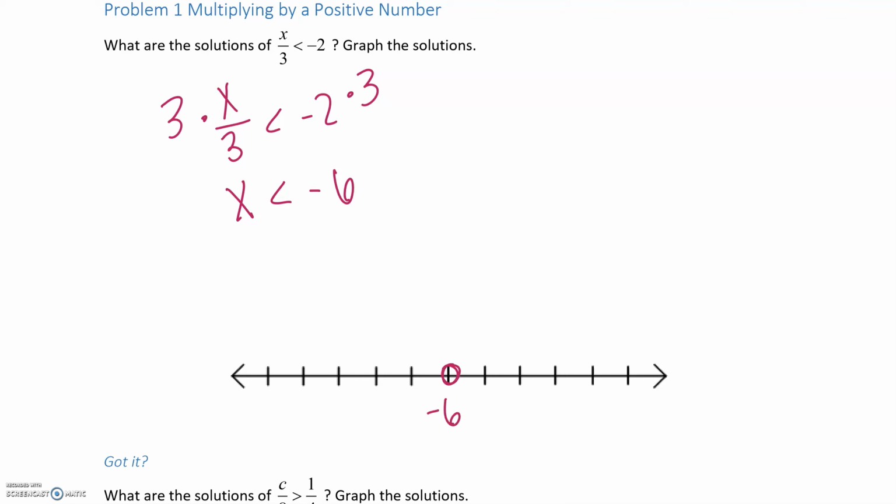It's going to be an open circle because it's a less than symbol, and we're going to shade to the left. And if we put this into interval notation, we're going to have open parenthesis, negative infinity, comma, negative 6, and since this is an open circle, we're going to have a closed parenthesis.